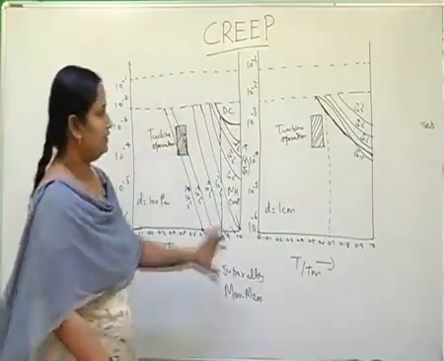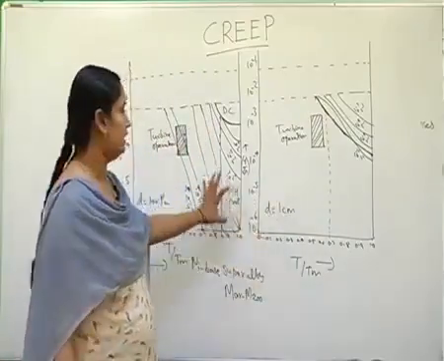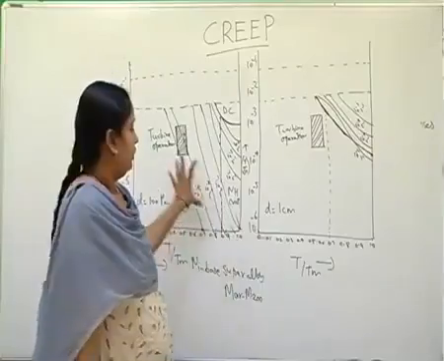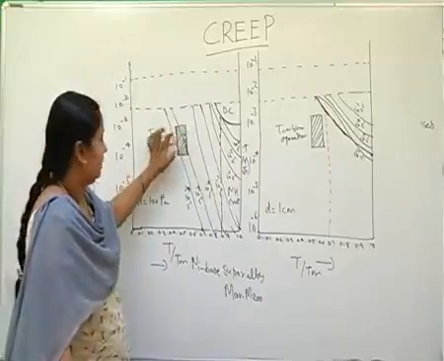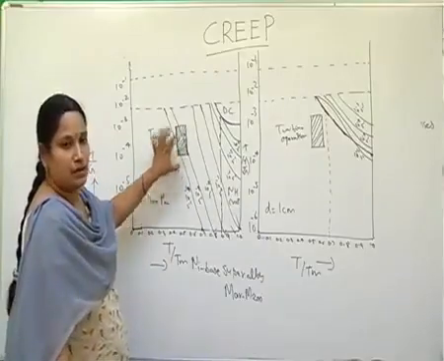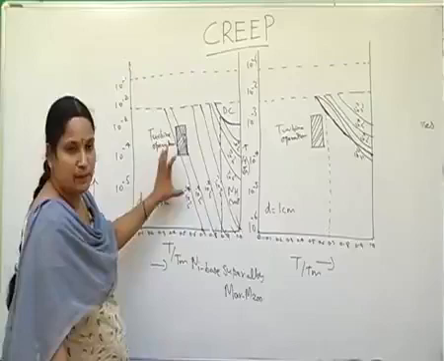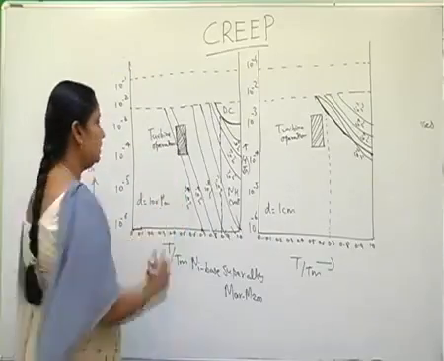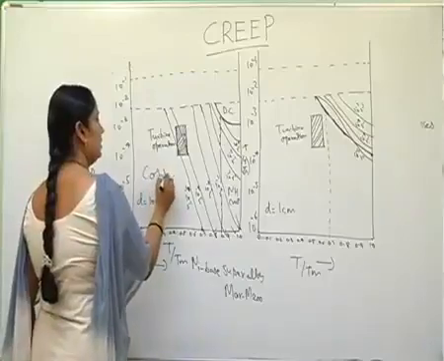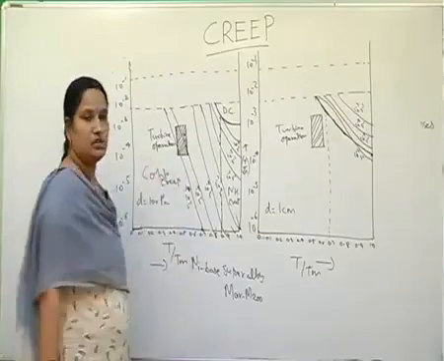So by comparing these two figures, you can clearly visualize the dominant deformation mechanism for this turbine operation, that is, for this particular combination of stress and temperature, it is the Coble creep. This is the region where Coble creep is the dominant deformation mechanism.